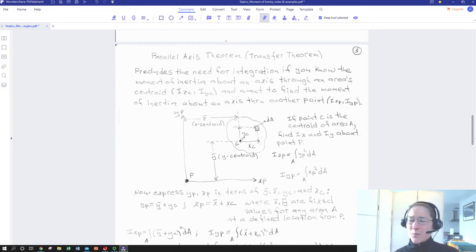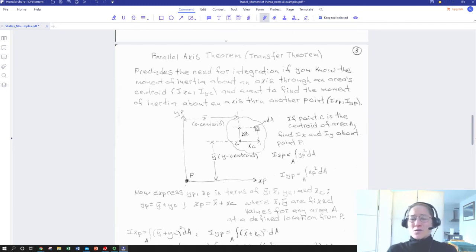So those are look-upable, or you can do the integral, and they tend to be pretty simple because you're not working with funky shapes and crazy integration limits, or more importantly, complicated expressions for just how far is that bit of area from the particular axis I care about.